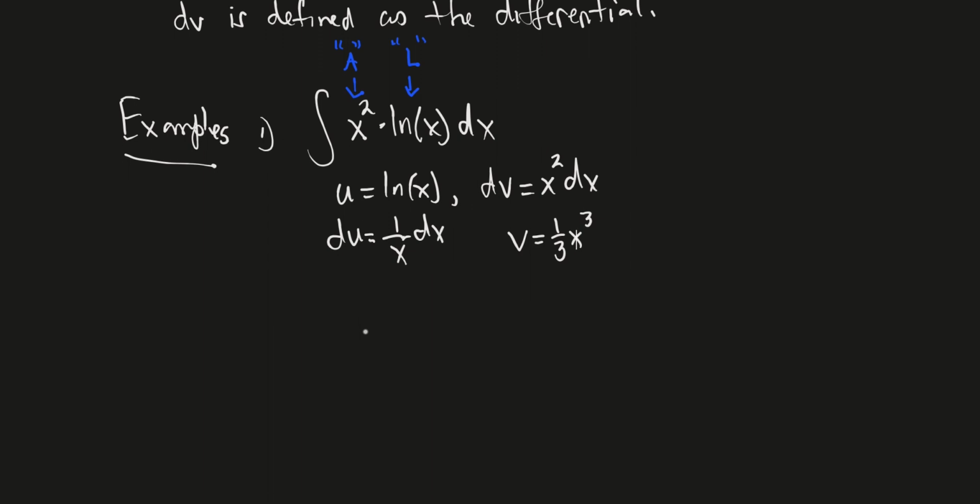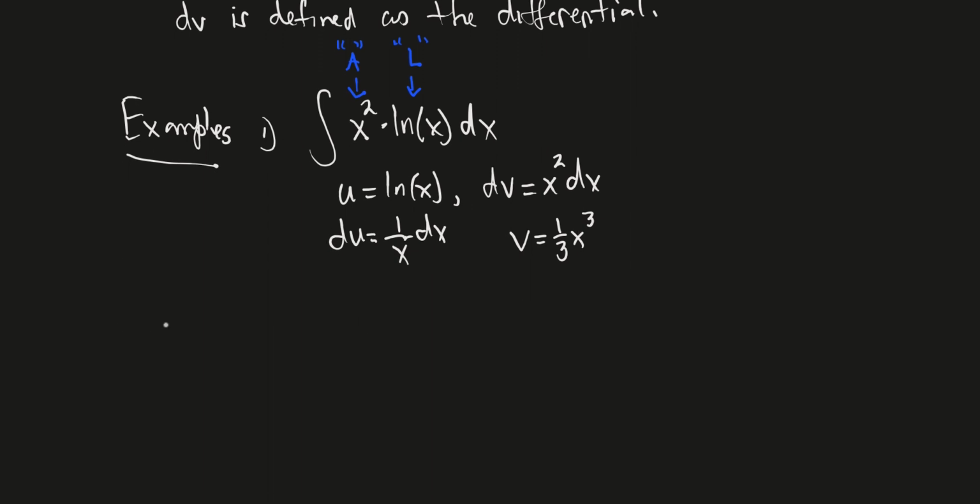So this is what it looks like. And I always start by saying, okay, here is our original problem. With this choice, and then subsequent du and v, I can write this based on what the integration by parts formula says.